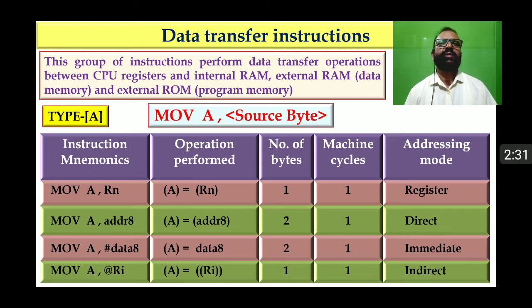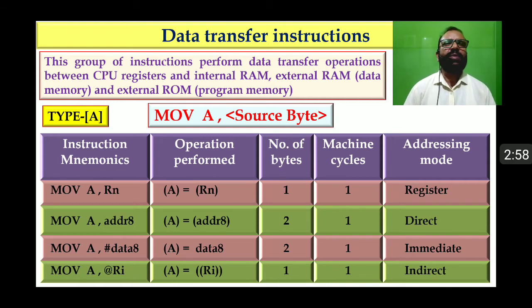The second instruction is MOV A, address 8. Address 8 means the 8-bit address of the data which is present in internal RAM of the microcontroller. The content of internal RAM whose address is specified in the second byte of the instruction is copied into the accumulator.